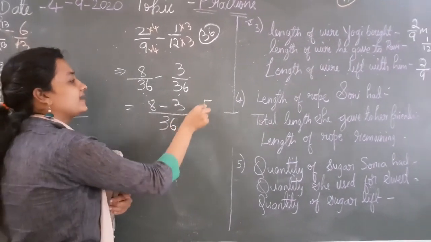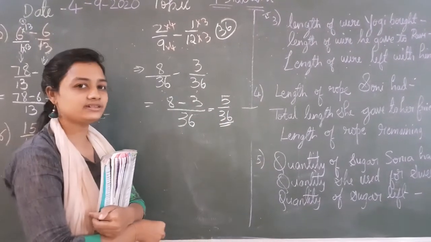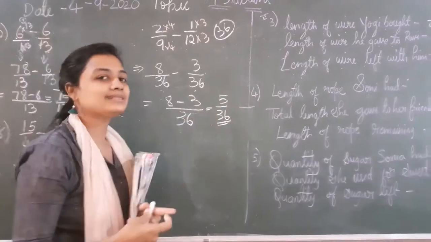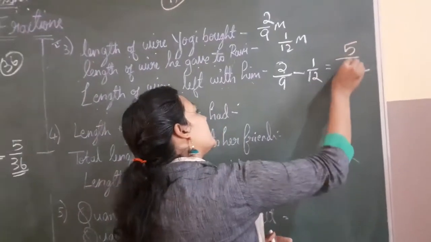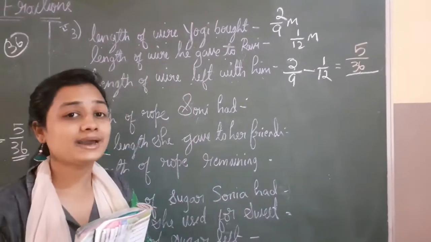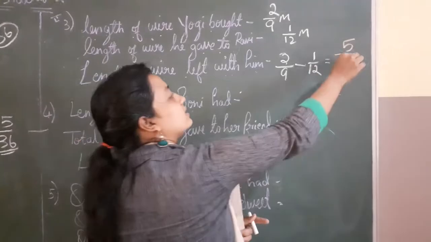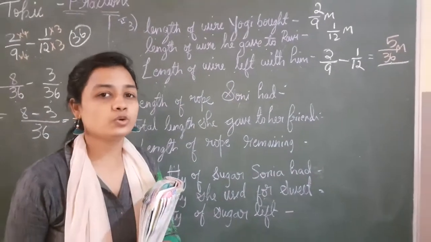What is the answer I get? 5 by 36. So this is my answer. Write the answer in the blank there. 5 by 36 is the answer. So 5 by 36 meter of wire is left with Yogi.